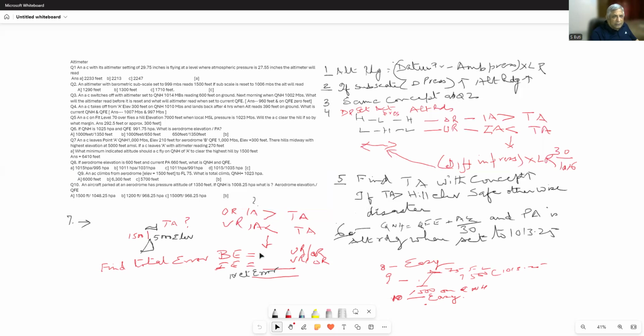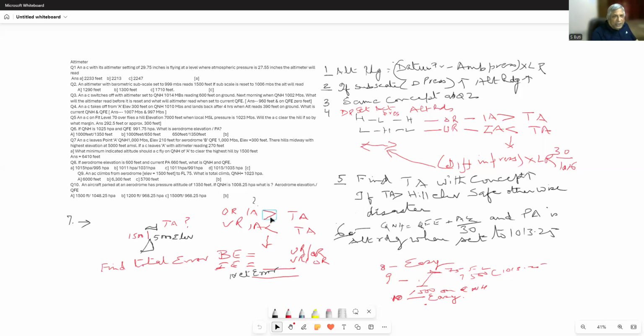Find out this error. If both are overreading, add them up. If both are underreading, add them up. And that is the total or the net error. If one of these is underreading and the other is overreading, then the difference of these two is your combined error.